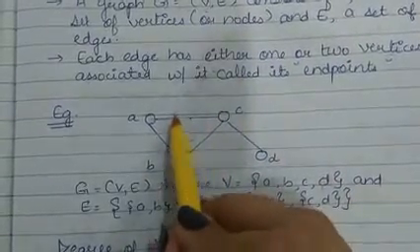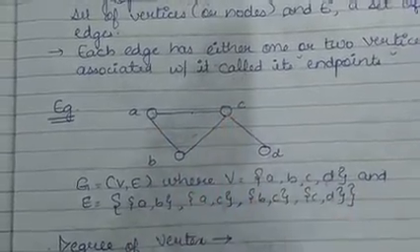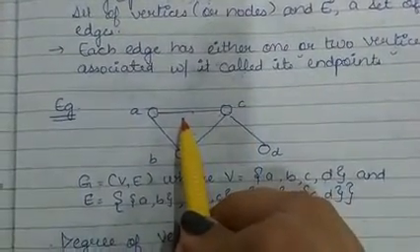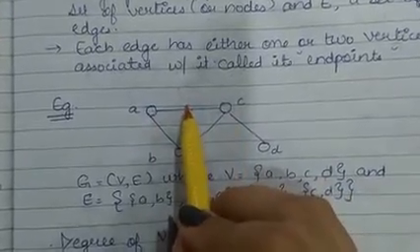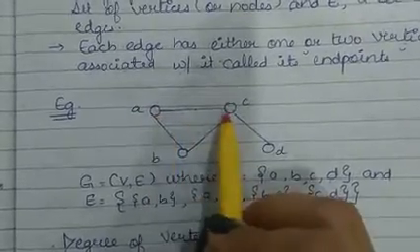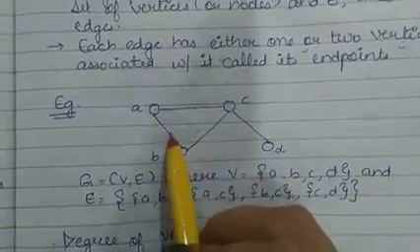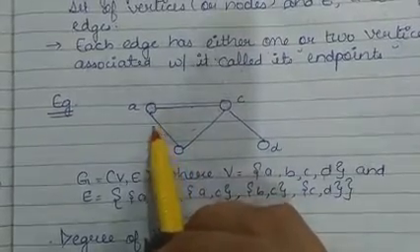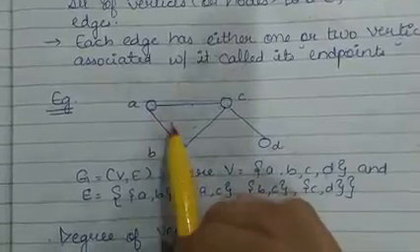Suppose this is an edge which has two endpoints A and C. These are objects, and this is a relation between these two objects, or we can say that A and C are the vertices which have this edge, and they are working as the endpoints. If this edge is named E2, E2 has two endpoints A and B. These will be marked as the endpoints for this edge.